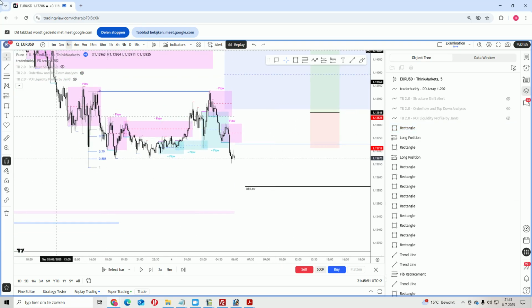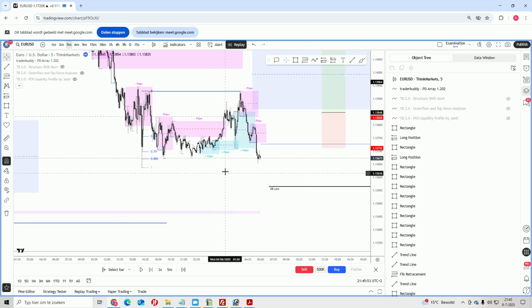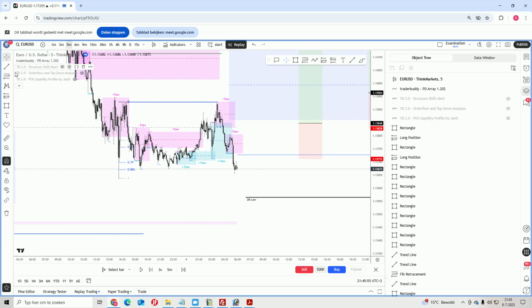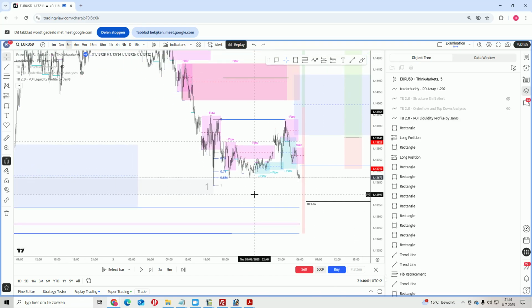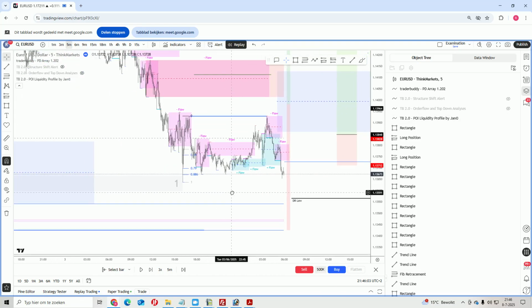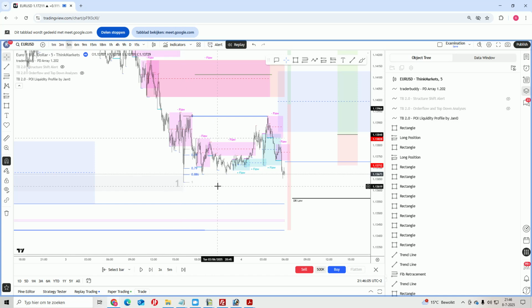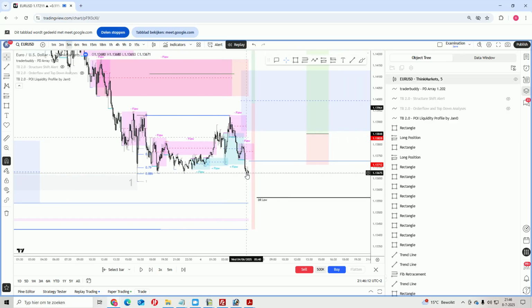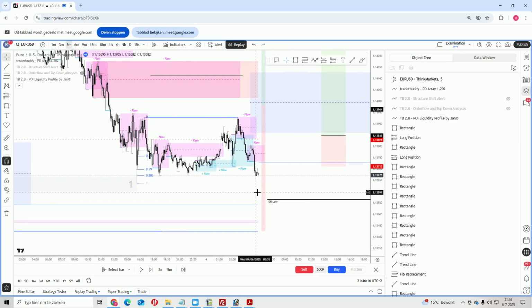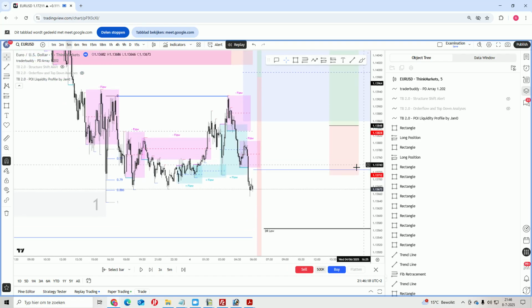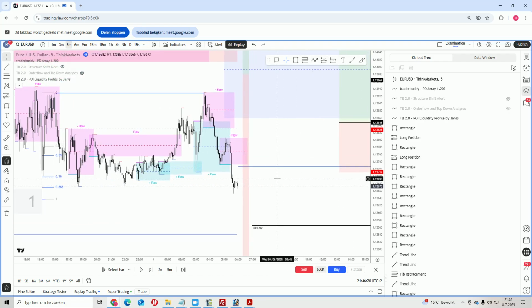And now it's time, because we are way too focused on the short term here, to keep an eye on our liquidity profiles, because what is the next higher time frame PD array? That's this old low here. So price is probably going to this old low. That's the draw on liquidity, as some people call it.